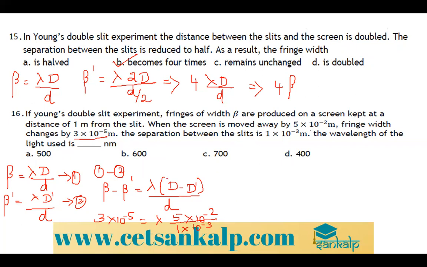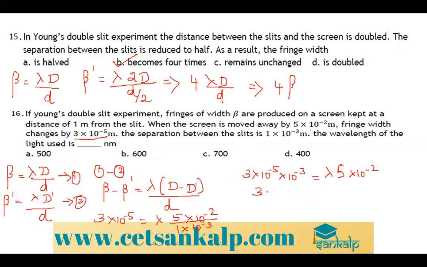Okay, so you have to do the cross multiplication. So 3 into 10 to the power minus 5 into 10 to the power minus 3 is equal to lambda into 5 into 10 to the power minus 2.